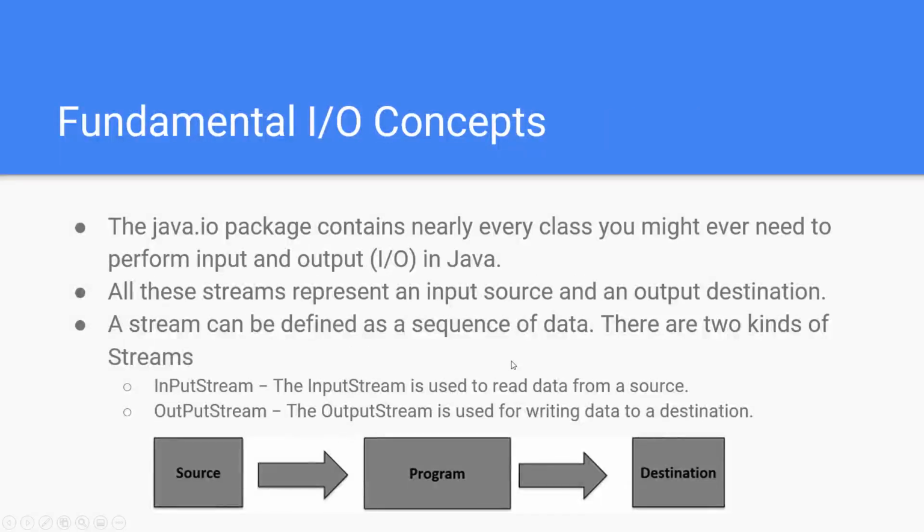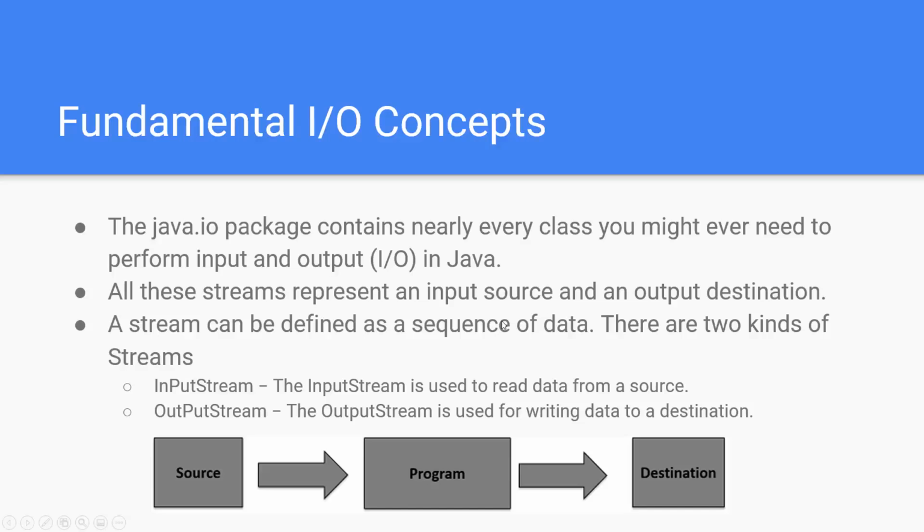Let's talk a little about I/O, or input-output concepts. There is a library or a package that contains all of what we need in order to do input-output from an external source, such as the keyboard, the monitor, or the console, or files. That could be opening a file and reading from it, or opening a file and writing to it.